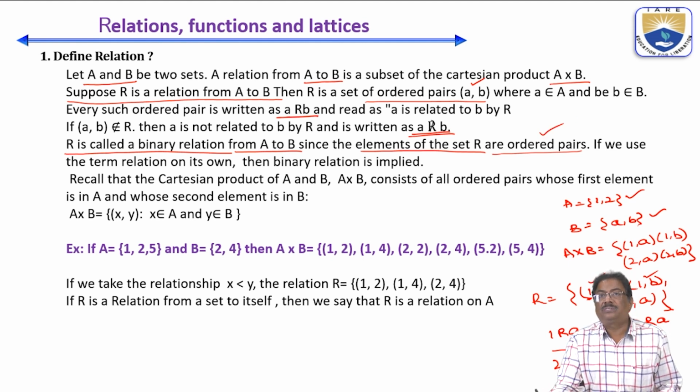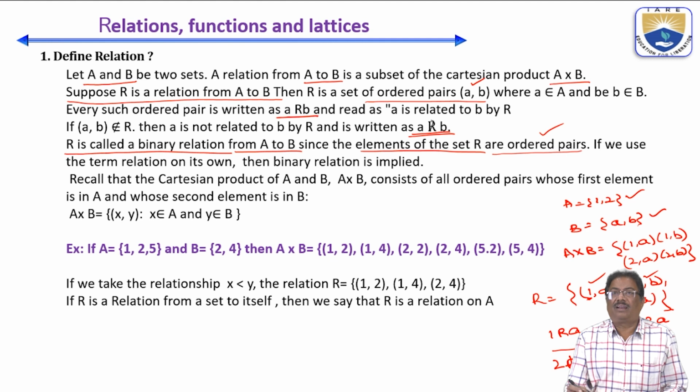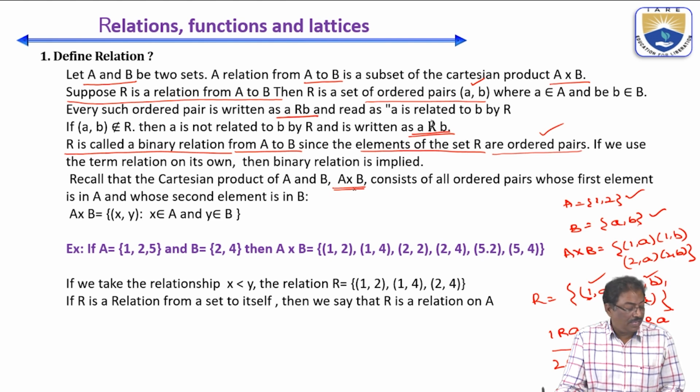If we use the term relation on its own, then it is a binary relation. Recall that the Cartesian product of A and B is denoted A cross B, and consists of all ordered pairs whose first element belongs to A and second element belongs to B.